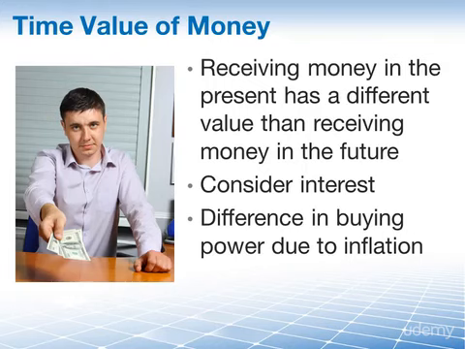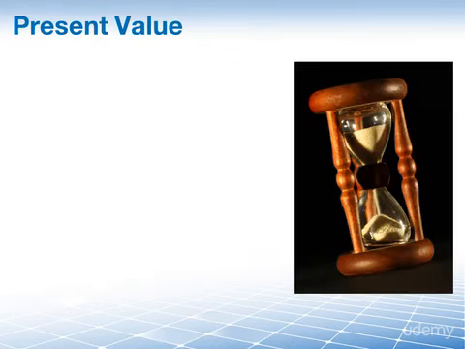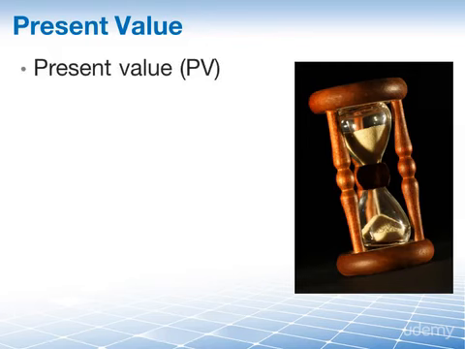Let's jump into the details and see how we calculate present value and future value, beginning with the present value here. So if I gave you $100 in the future, how much money would I have to invest today so that this $100 exists in the future?